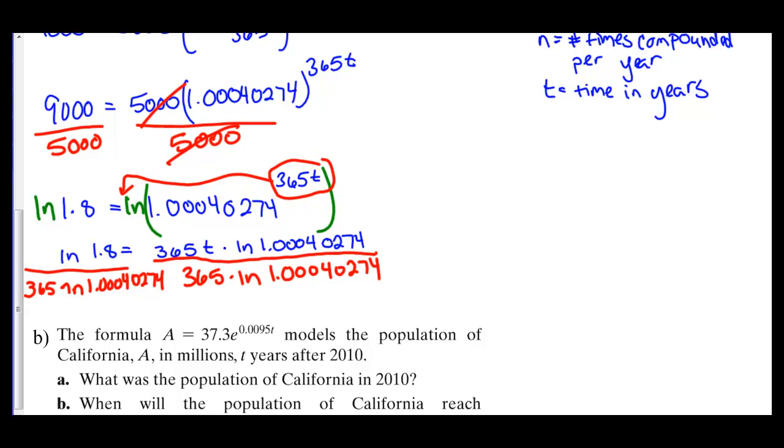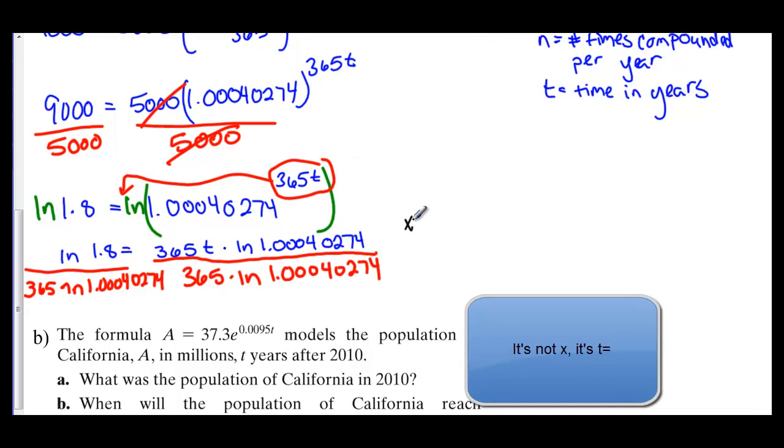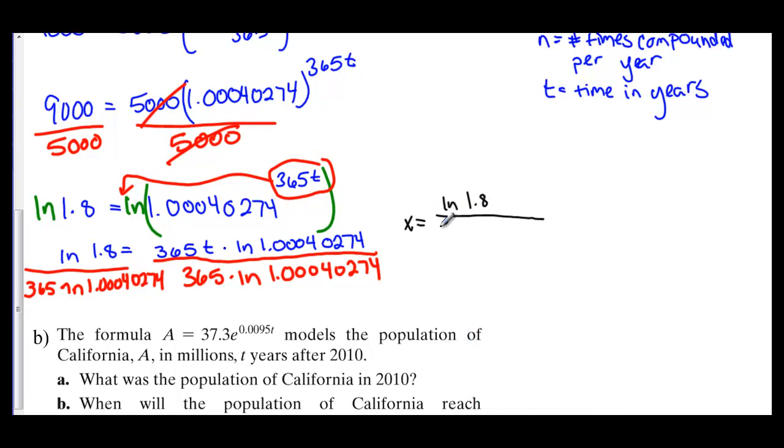So our answer is going to end up being that x equals the natural log of 1.8 over 365 times the natural log of 1.000400274.